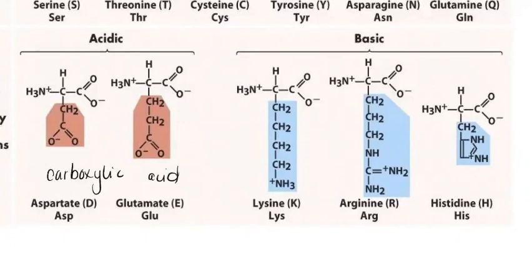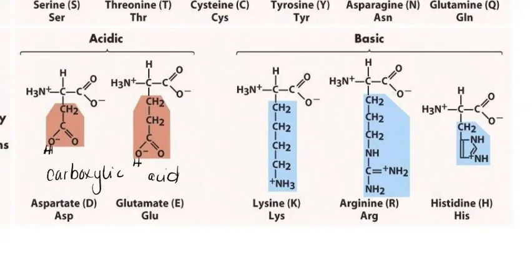So what do carboxylic acids do? Okay, or I should say, the carboxylic acids, as you can see, are a C double bond O with an OH. You're not going to see the hydrogen here because this is showing the ionized form of it. But if you have a hydrogen here, that's where the carboxylic acid is.